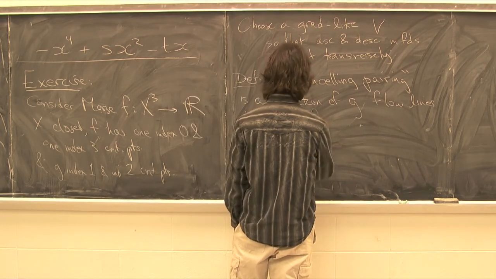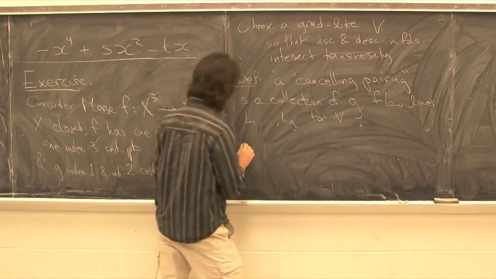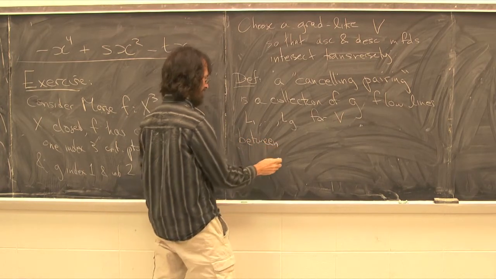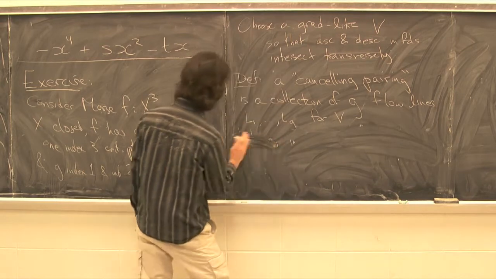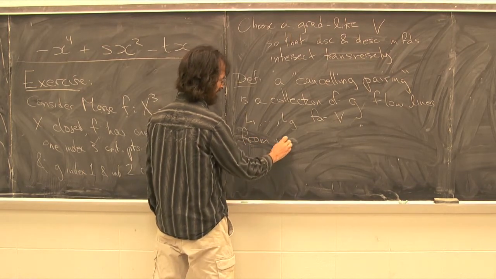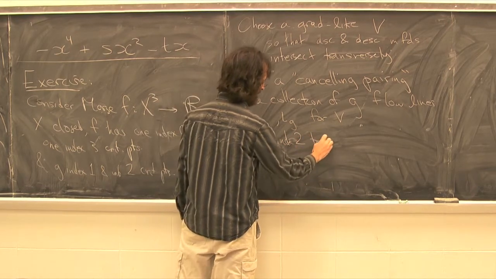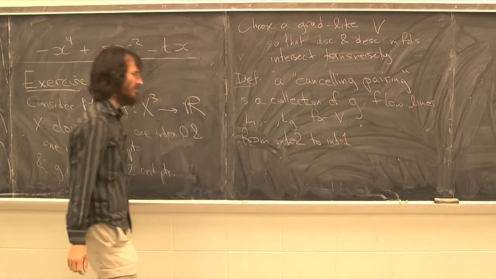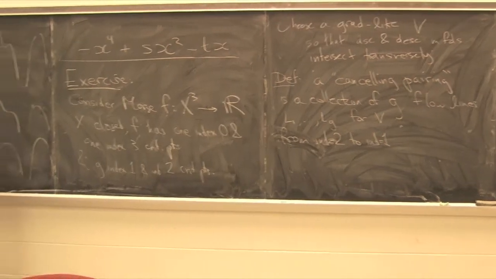g flow lines for V, between, they're going to go from index 2 to index 1 critical points.